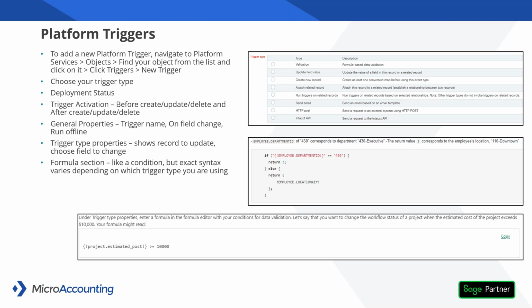Once you click the button, it pops up a little window, and you can choose a record that you want to run the formula on. It helps you validate your formula to make sure it's pulling the right fields and returning what you want, giving you a look ahead of how the platform trigger should function once you're in the user interface.